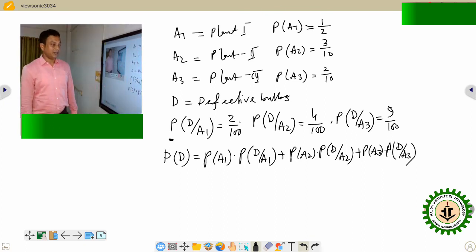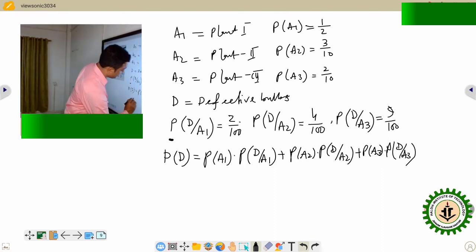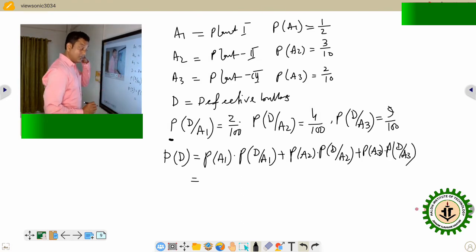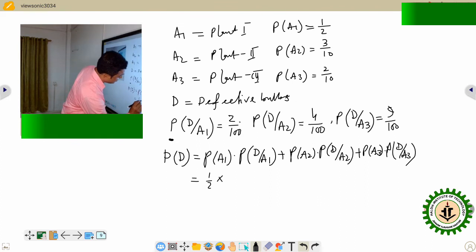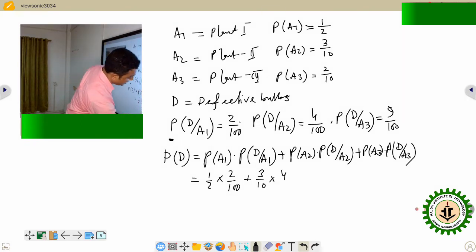So if we want to calculate this, A1 is 1 by 2 into 2 by 100, plus 3 by 10 into 4 by 100, plus 2 by 10 into 9 by 100.